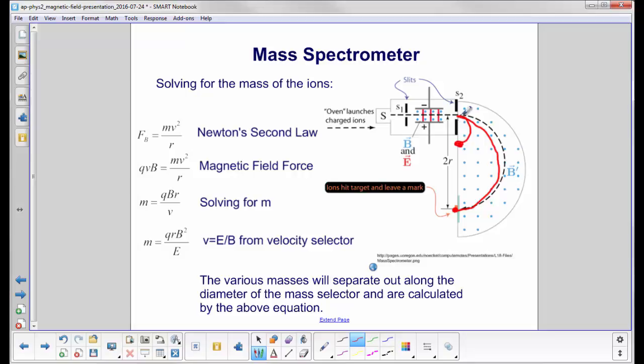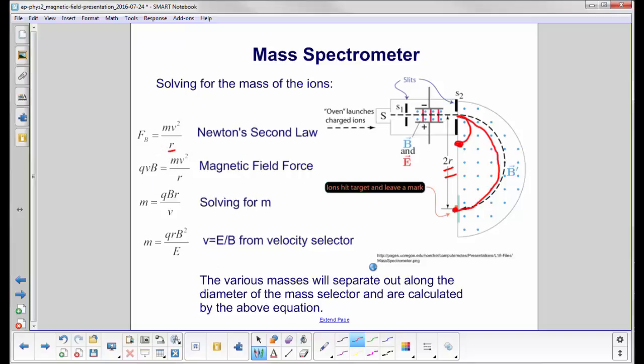Now let's look very carefully at what we're measuring. You see 2r is written here. The radius of this circle of the motion of the ions is r, but we're measuring the diameter of how far it hit from here. So whatever measurement you have here, cut it in half for when we use the radius, okay? Just remember to do that.